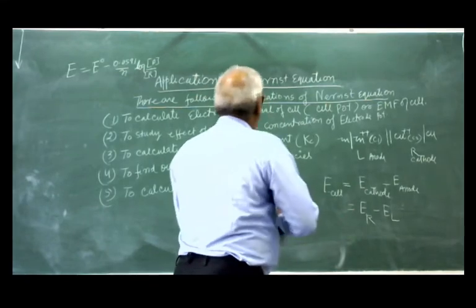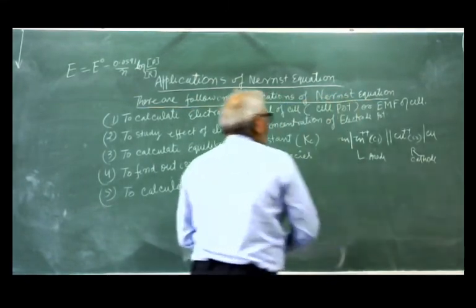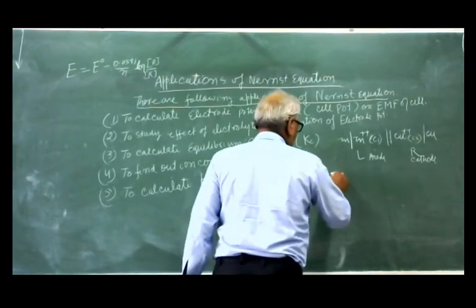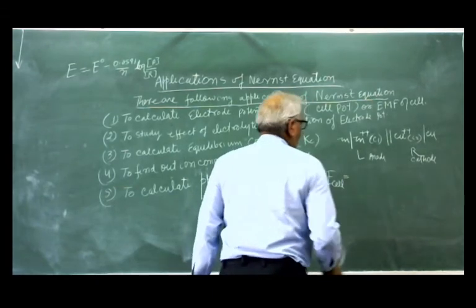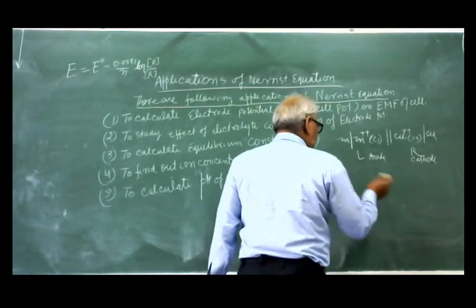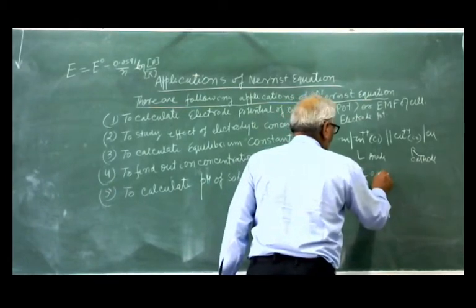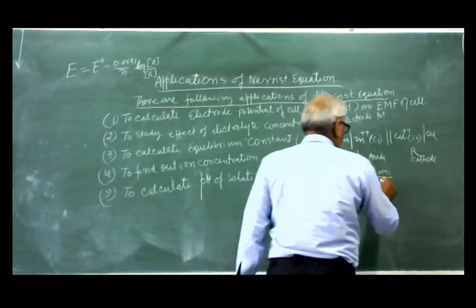So how to calculate? Just see, we can write EMF of the cell is equal to E0 minus 0.0591 upon n.